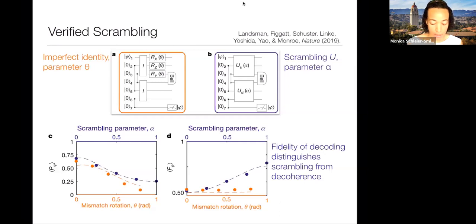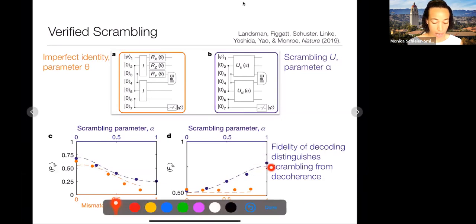So in the right plot, they instead look at the fidelity of the decoding. And there, not surprisingly, if you just have this imperfect identity operation, then it's always just 50% fidelity, which is what you would get if you randomly guessed the quantum state to put into qubit 7. But if they actually have an operator that scrambles, as you increase the amount of scrambling by ramping alpha from 0 to 1, they see the fidelity of this teleportation go up.